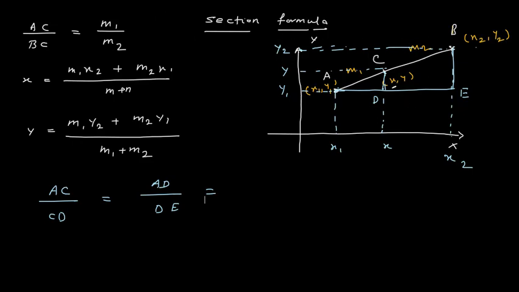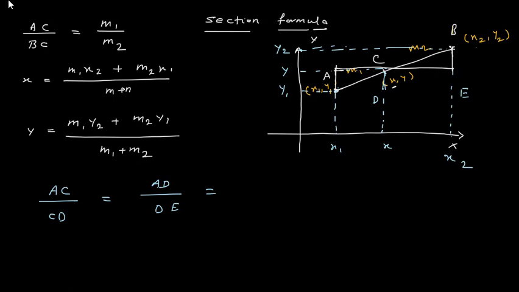Better I modify this: instead of drawing the triangle here, we draw the triangle like this. From here we will draw a horizontal line, and from here we draw something like this. Okay, this will give us a better idea.